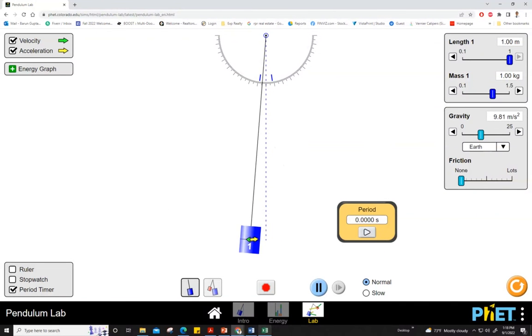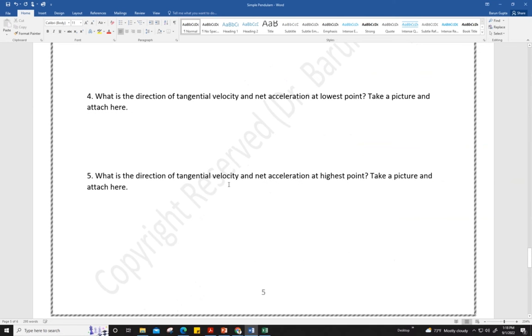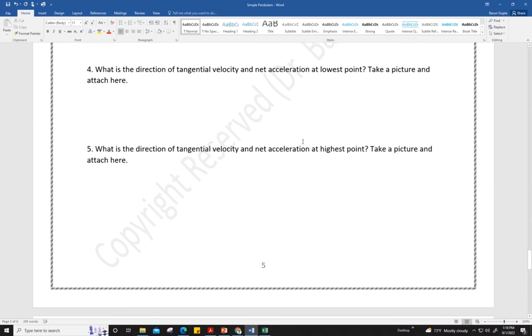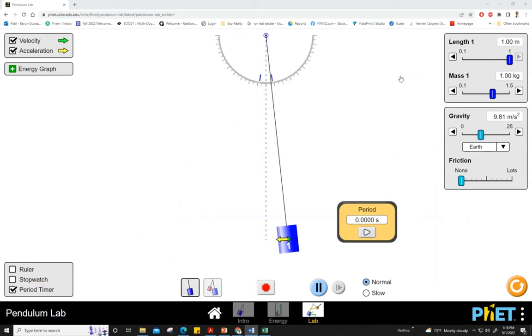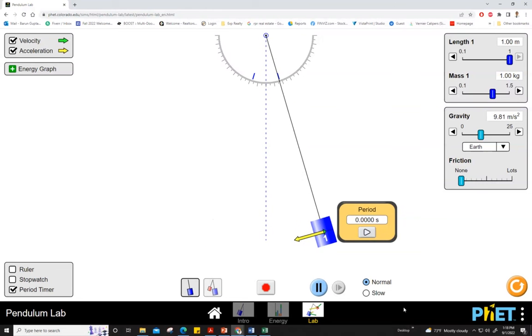Now take a look at the next question, the direction of the tangential velocity and net acceleration at the highest point. Let me make a little bit larger string so that we can see a little better. If I look at the highest point here, let me make it slow.